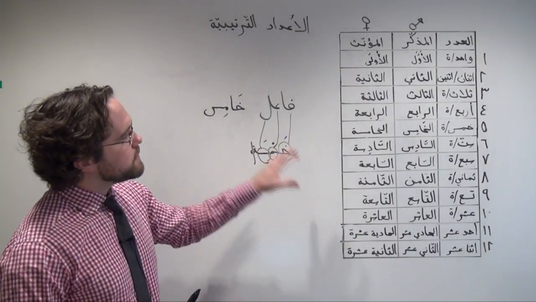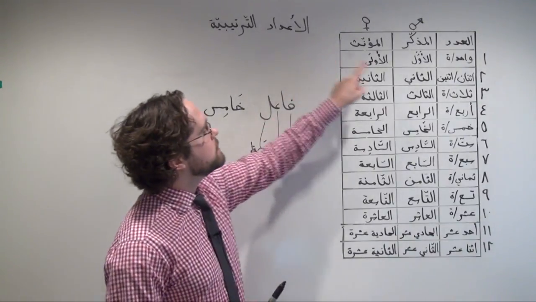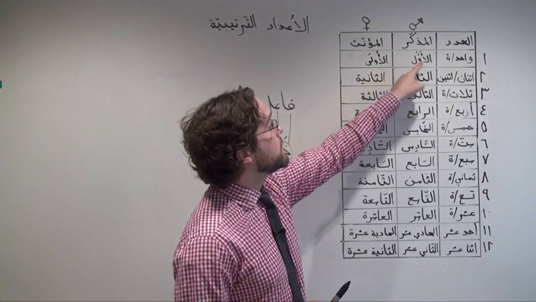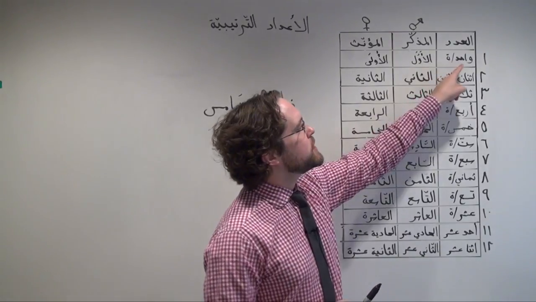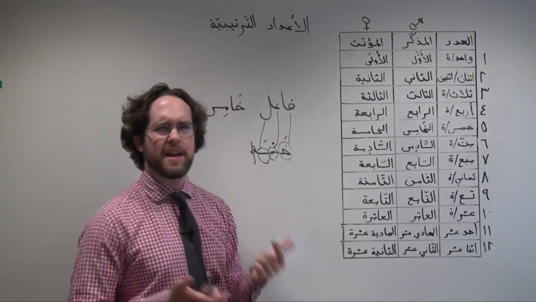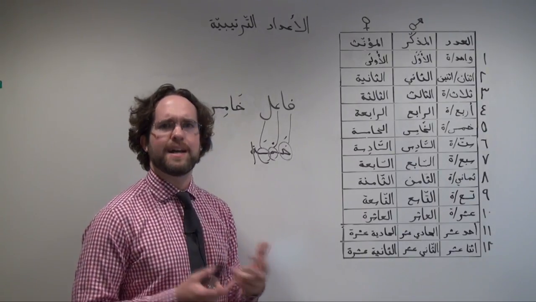You can see there are a couple of little exceptions. First of all, the ordinal number for first, al-awwal or al-ula, doesn't share the jadr with wahid, the number 1 that you've probably learned, right? Just like 1 and first in English don't quite share the relationship that 3 and third do.